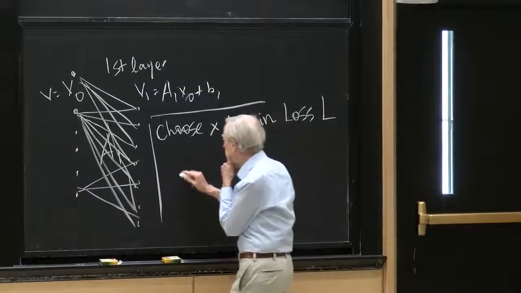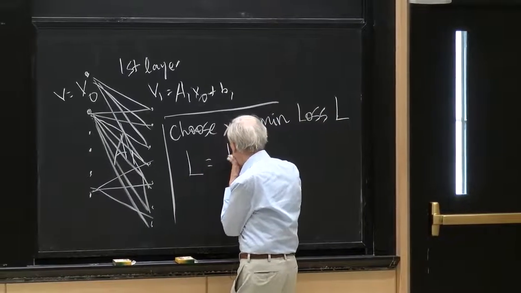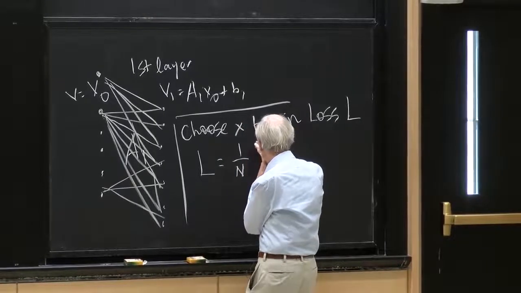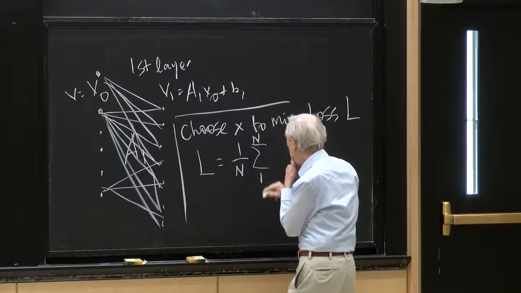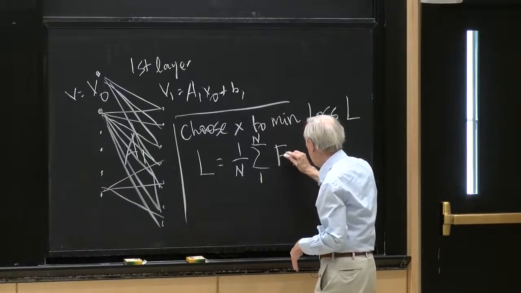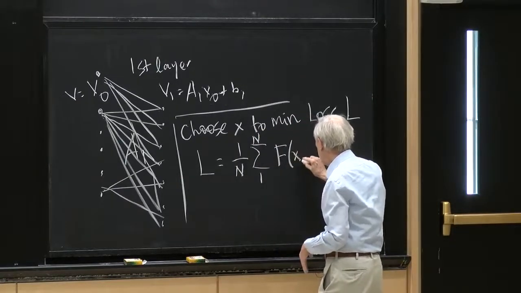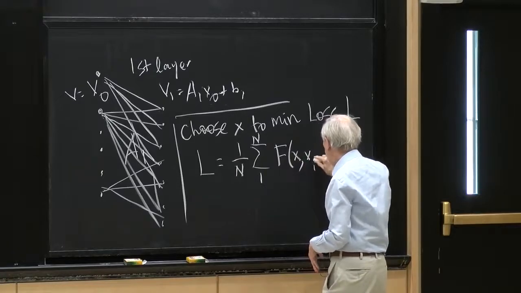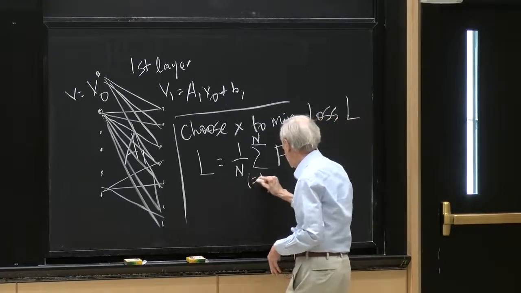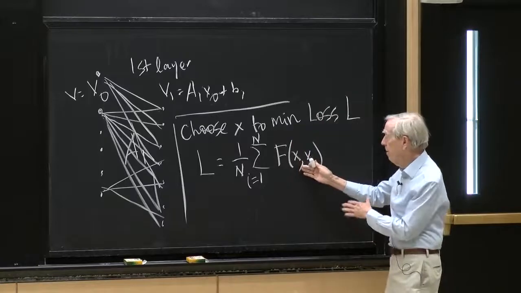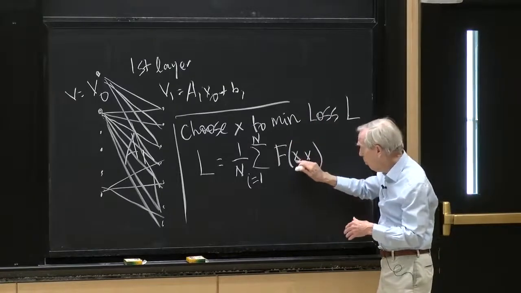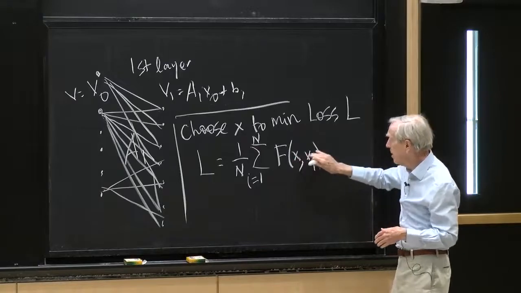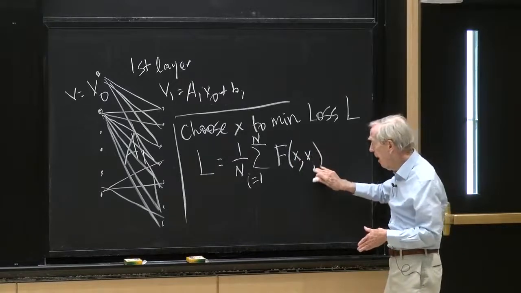So he said L is often a finite sum over all of f. So what would that be? f of x, v_i. So this is the output, with weights in x, from sample number i.